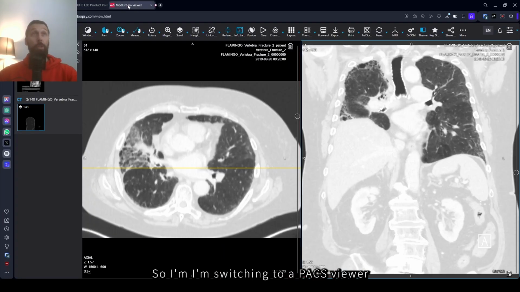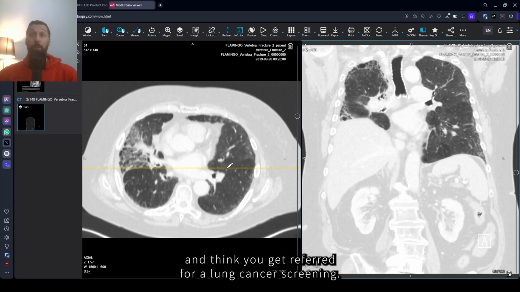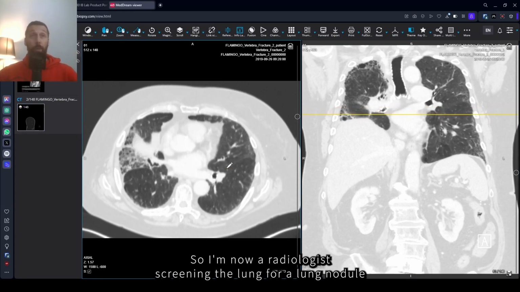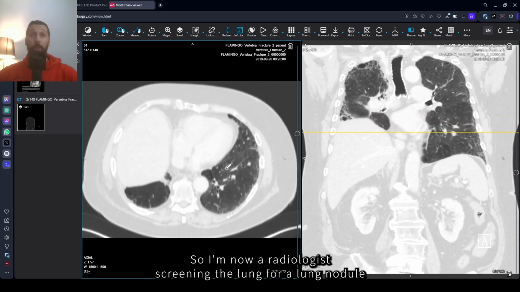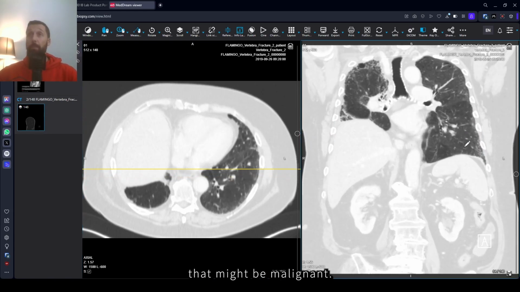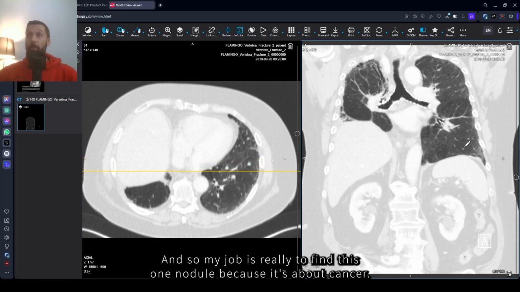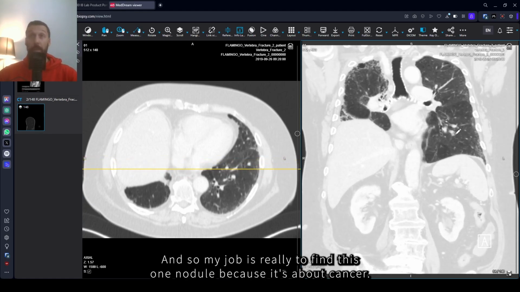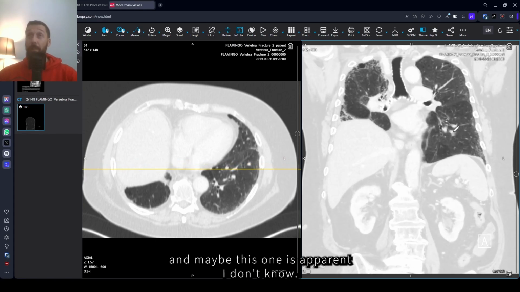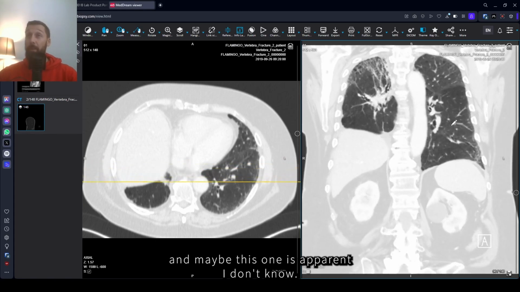So I'm switching to a PACS viewer, and think you get referred for a lung cancer screening. So I'm now a radiologist screening the lung for a lung nodule that might be malignant. And so my job is really to find this one nodule, because it's about cancer, right? So look for the lung nodule, and maybe this one is apparent, I don't know.